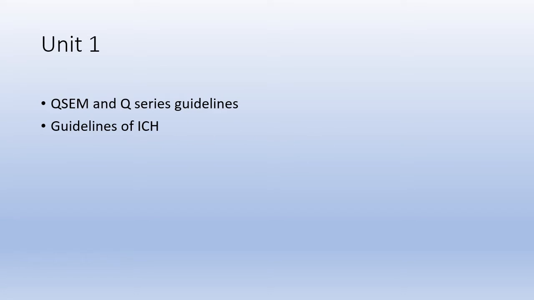In unit number 1, basically the most important is ICH guidelines, that is International Conference on Harmonization. They basically have a guideline that is based upon these four parameters: quality, safety, efficacy, and multidisciplinary. Also, you have to remember which Q1, Q2, Q3, Q4, Q9, Q10, Q8, which Q stands for what.